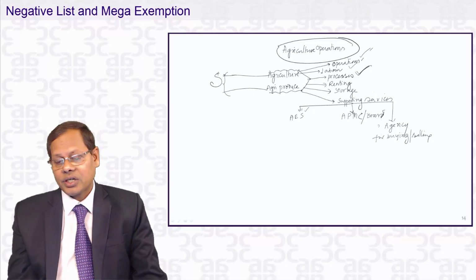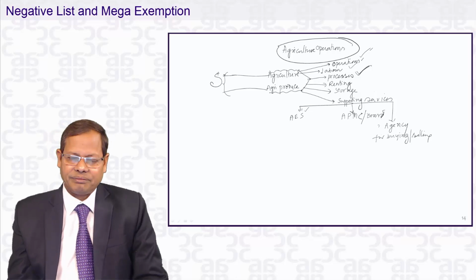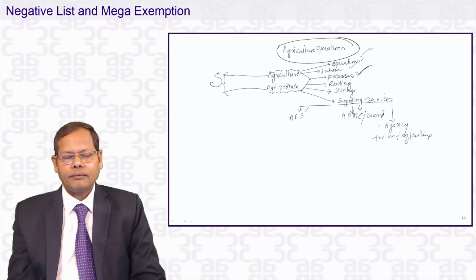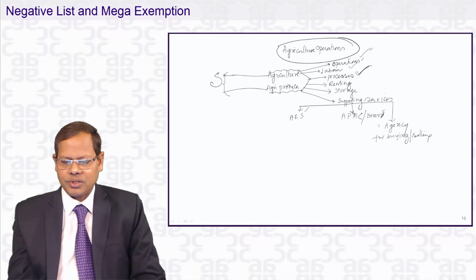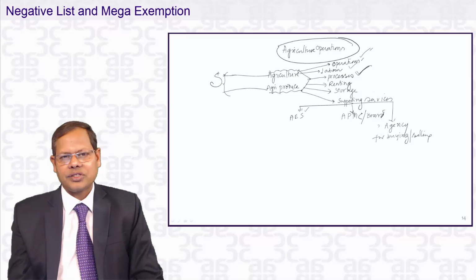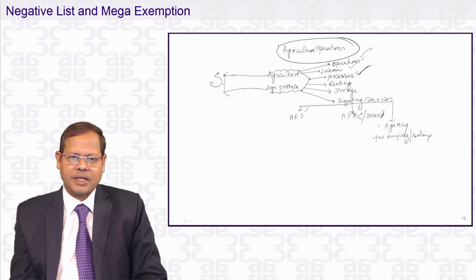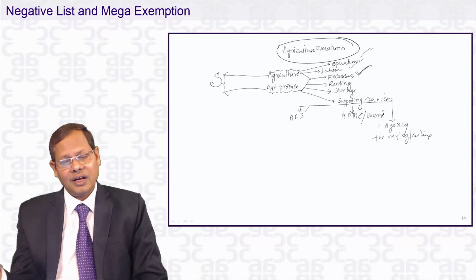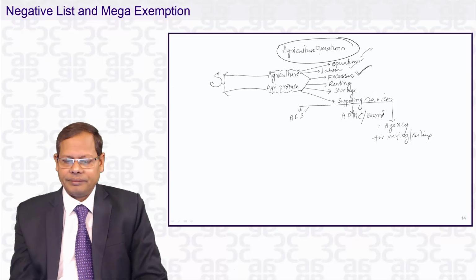And in the education guide, government also has given relaxation saying that jaggery, gur, they have put it under the primary market produce list. If you manufacture sugar, it is not under the negative list. If you manufacture jaggery, then it is a product of primary market. Maybe the operations are done elsewhere, not at the agriculture site or on the farmland.